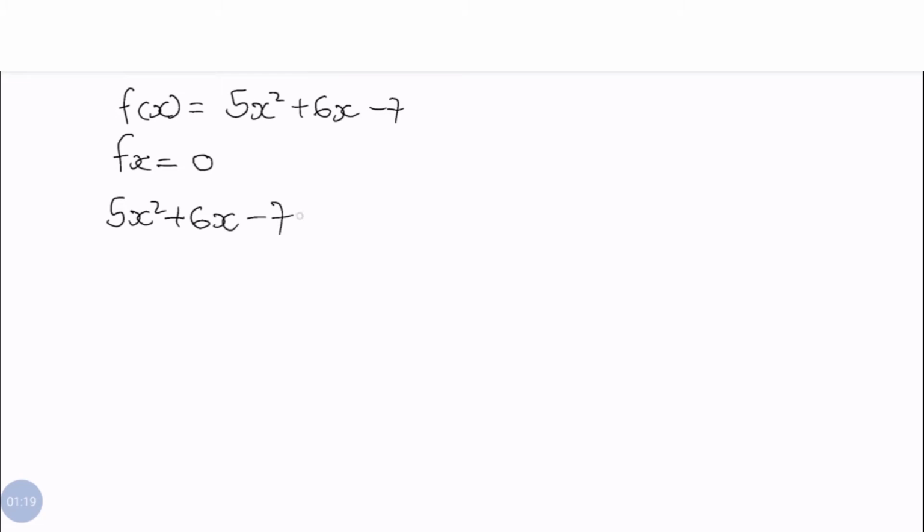So we're given f of x equal to 5x squared plus 6x minus 7, and with 1.2.1, we're supposed to solve for x if f of x is equal to 0. So if f of x is equal to 0, which means 5x squared plus 6x minus 7 equal to 0. So we're supposed to solve for x here.